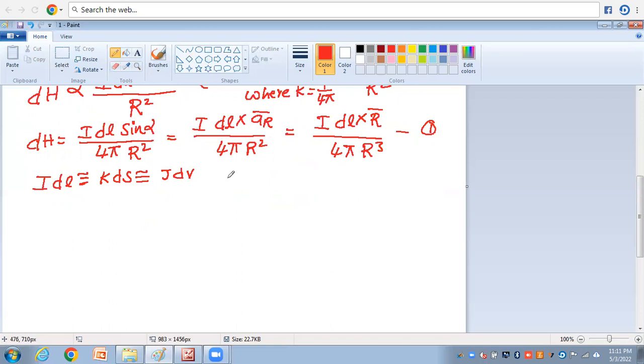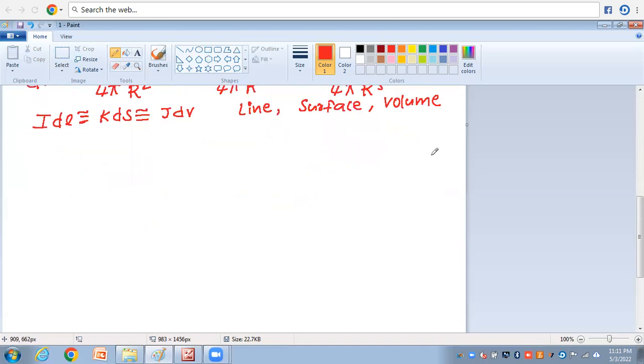So now I go with the line current, surface current and volume current. I will write the expressions one by one. Please note down. This discussion is very helpful for writing the end examinations.